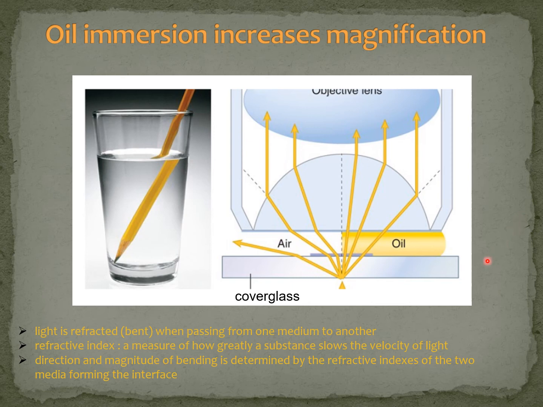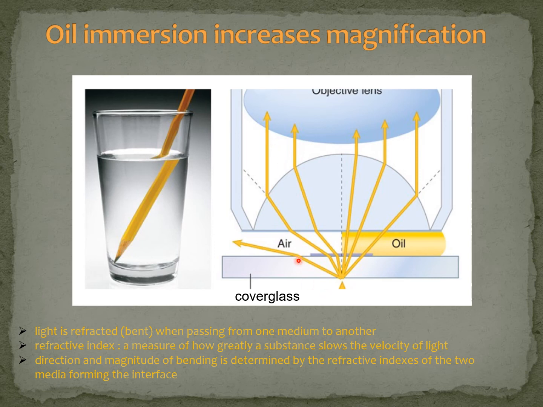If we are looking at an object that is covered by a cover slip, and this is the lens of our microscope, when light passes through our object to be seen, when it reaches the glass, the light can be refracted. When it passes from the glass to air, it will be refracted again. When it passes from air to the first glass in the lens, it will be refracted again, and then when it comes out of the glass, it's refracted again.